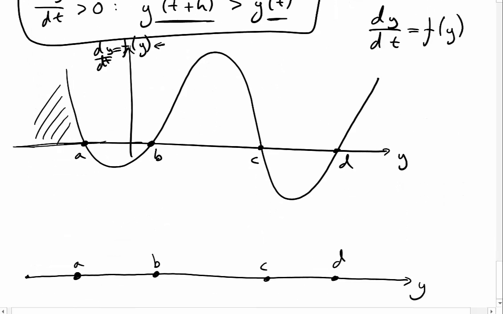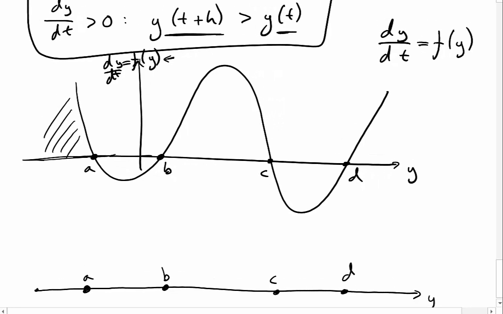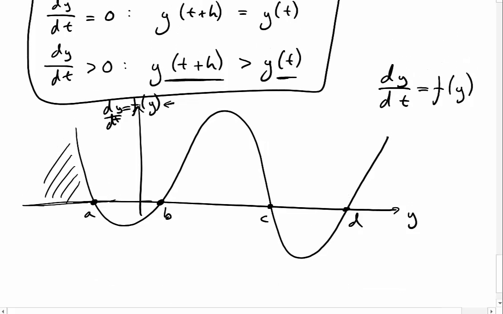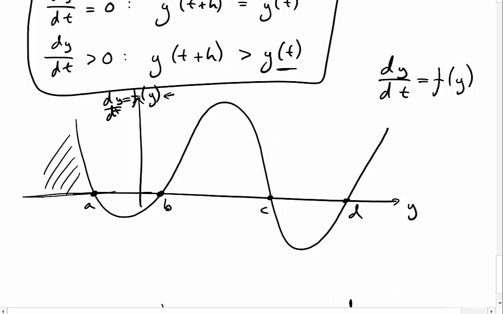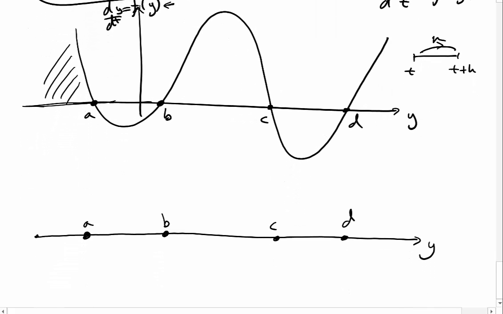Imagine I'm starting here and moving forward through a time step h, so I start at t and this is t plus h. To the left of my equilibrium point, my next y value is going to be bigger than my previous one, so I'm moving in this direction.